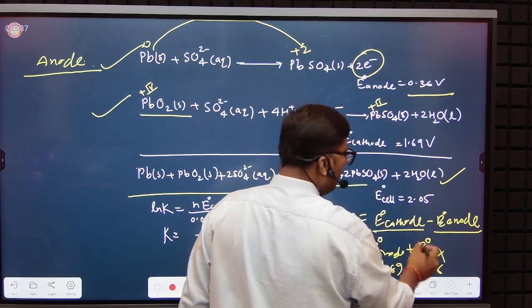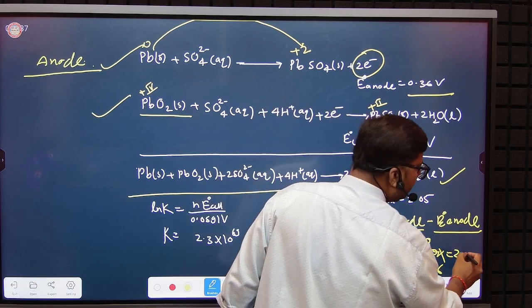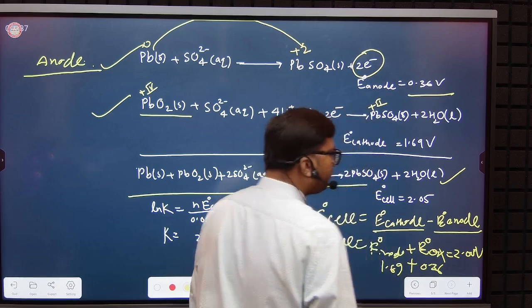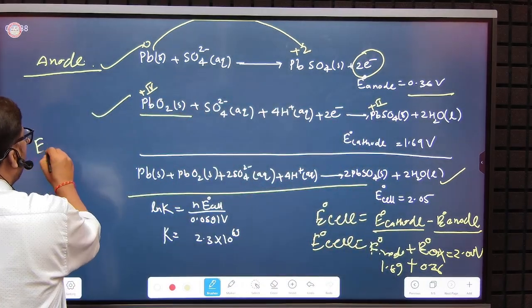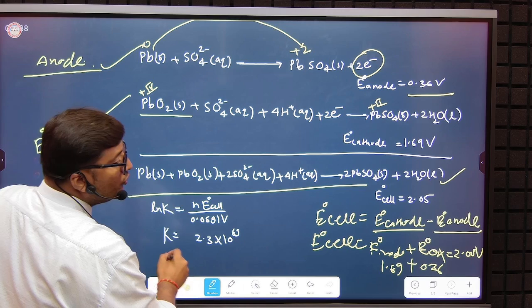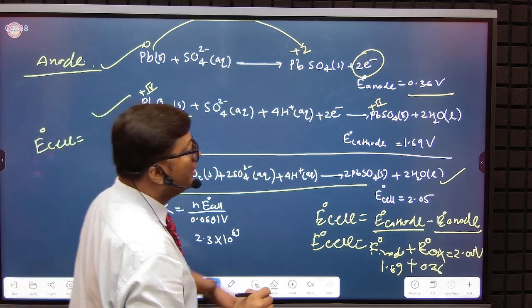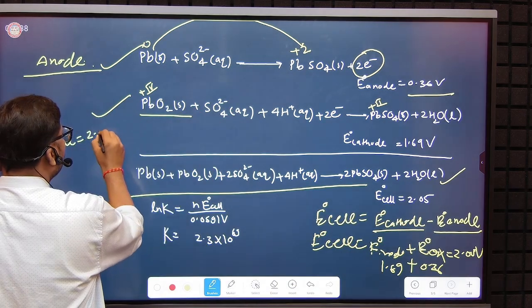So both add and produce 2.05 volt. Here E0 cell for this particular setup is 2.05 volt.